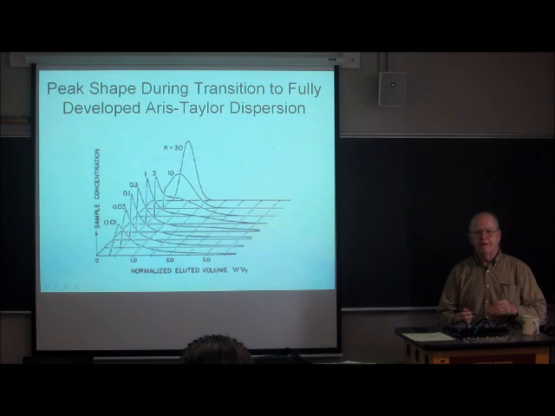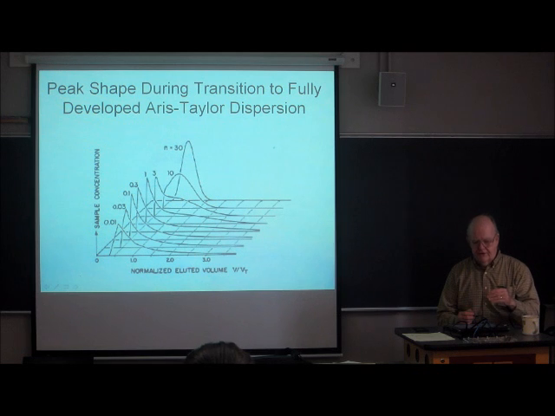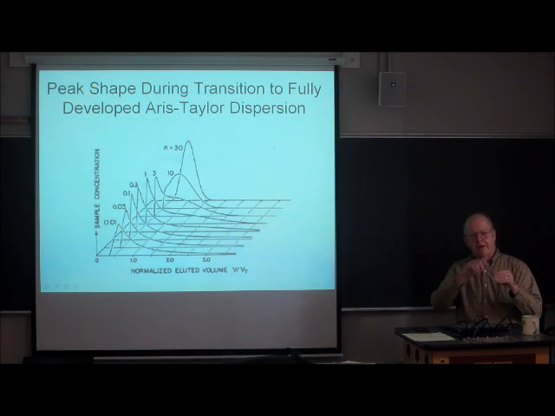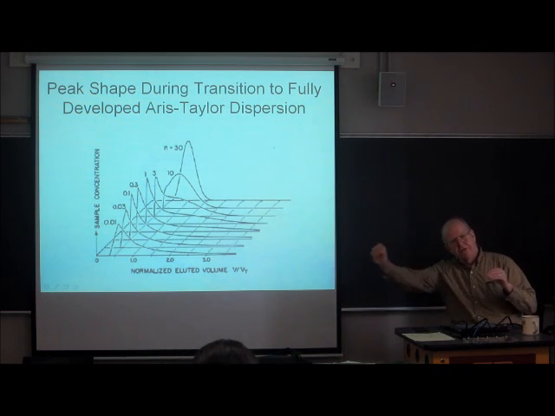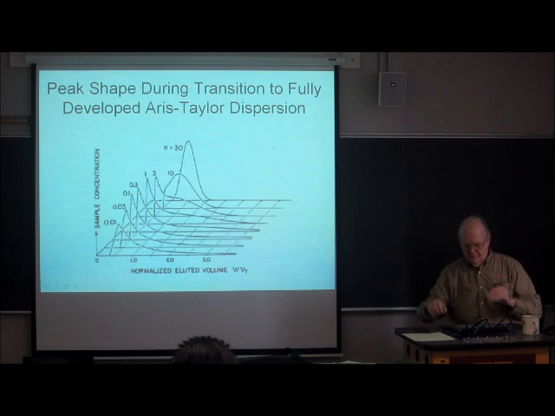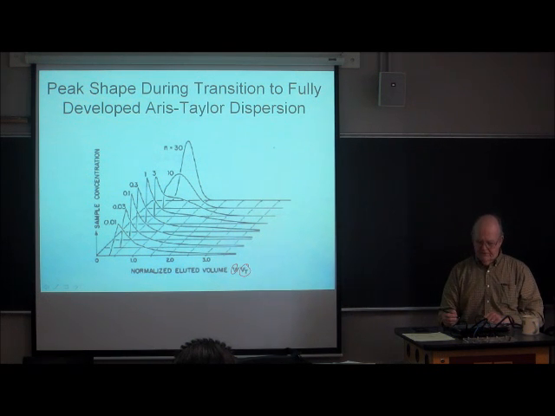What you're looking at here is a computer solution of the time-dependent equations, and then a plot of the concentration of the solute coming out the end of the tube versus the volume of eluent that was used to push the fluid through the tube. So this axis is the volume of eluent used to push through the tube divided by the total volume of the tube.